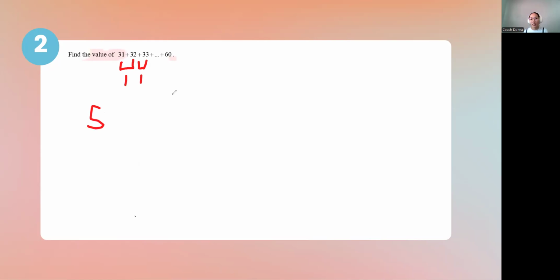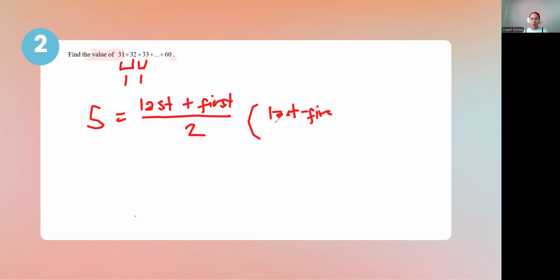The sum of an arithmetic sequence is equal to last plus first, divided by 2, and then that's last minus first, divided by the difference. The difference is what number we are adding to get to the next one, plus 1.